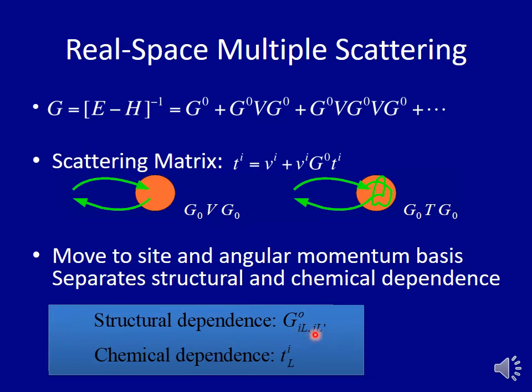So it knows the distance between the sites, but it doesn't know anything about what the sites are. On the other hand, the scattering matrix only depends on the single site, I, but it depends on that I through the element in question. And so that's where all the chemical dependence is.